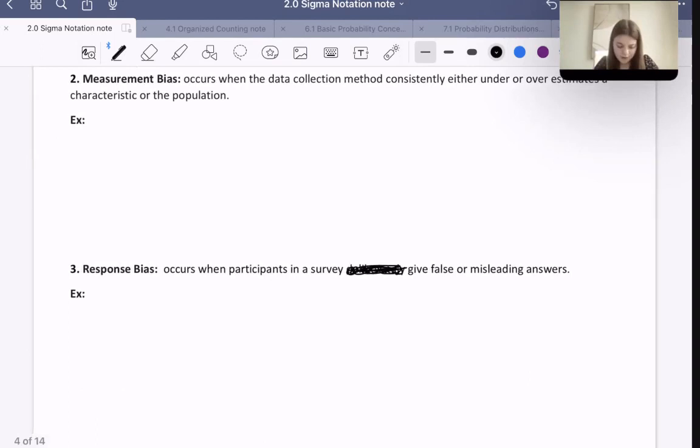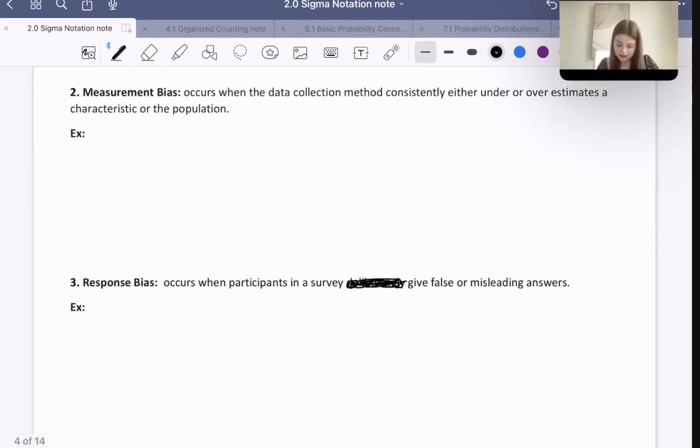Now, how about measurement bias? So, this occurs when data collection is either consistently under or overestimating in the population. Measurement bias is usually because we chose, let's be honest, a bad method of sampling.